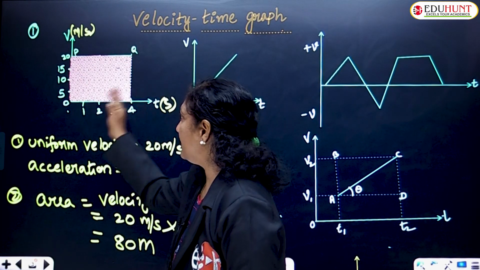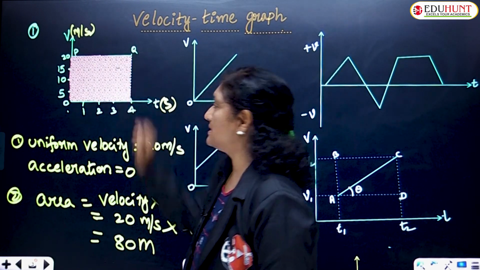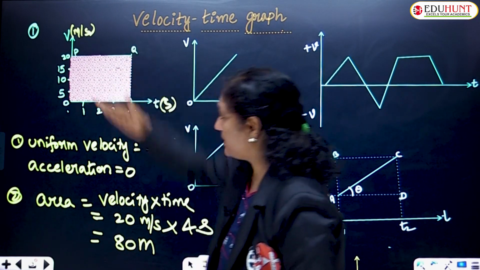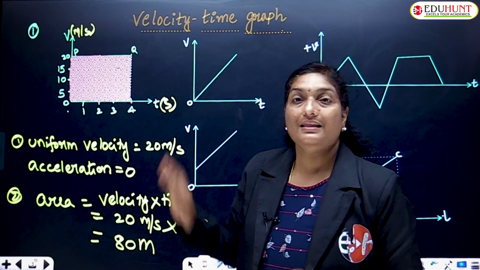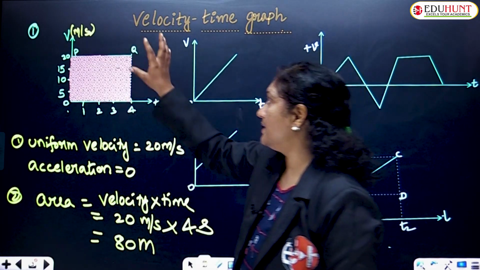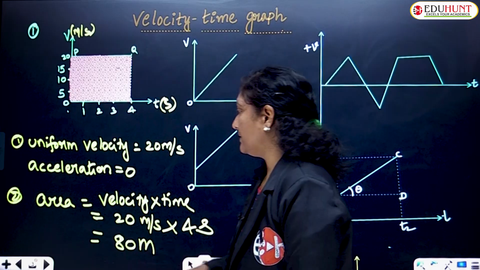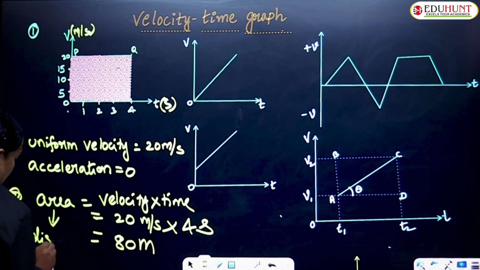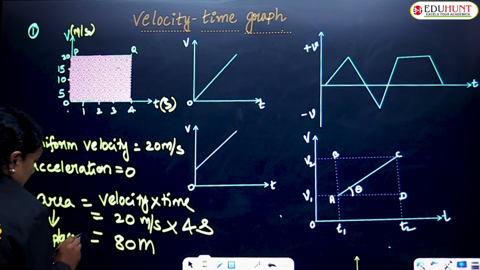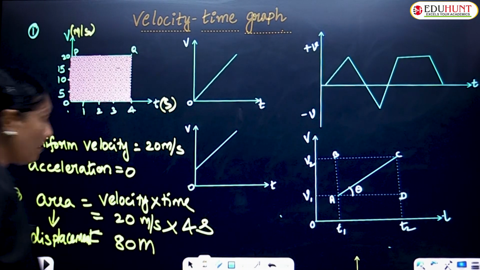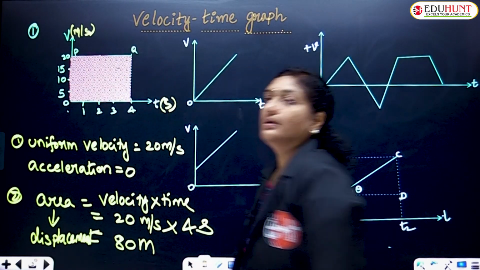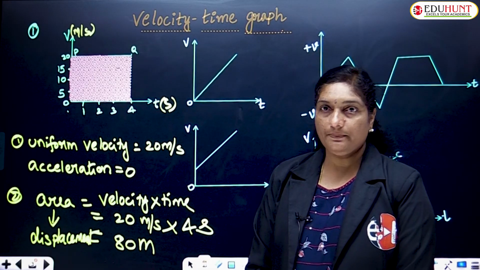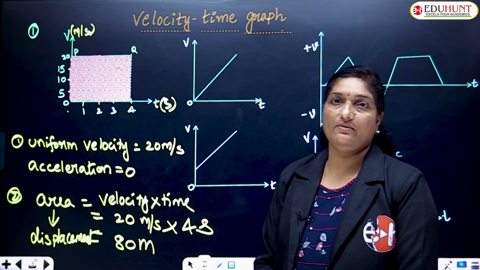Whereas the complete area under this velocity time graph, whatever portion is covered, gives your displacement. Area is nothing but your displacement. Area under the graph gives displacement. Hence, the area in this example was found to be 80 meter. So the displacement of the body was 80 meters.